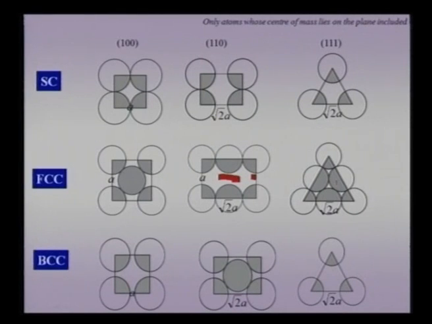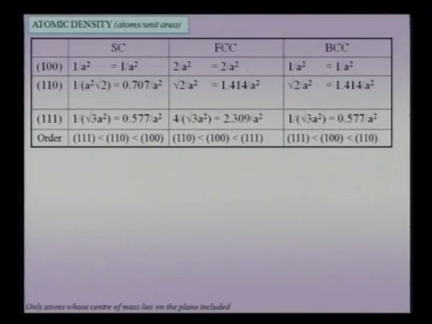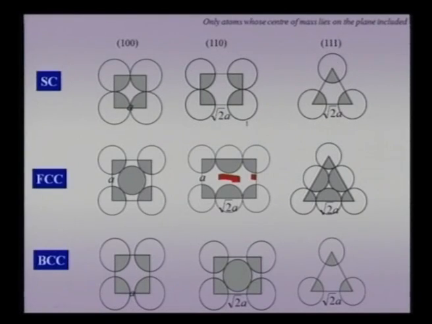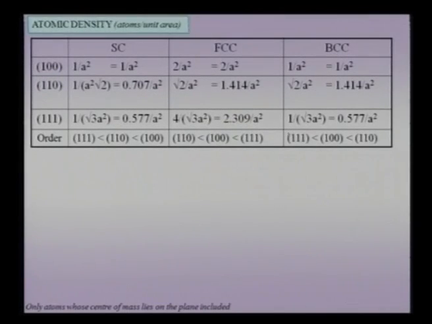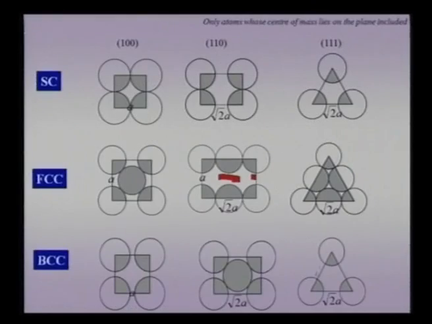As you have already seen, the 111 plane in FCC is nothing but the hexagonal layer, which is the close packed layer. So, it is not surprising that the 111 plane in FCC has the highest packing density. Similarly, we can do so in the BCC, and you can see that the 111 plane has the lowest density, which is also seen from this figure, that most of the 111 plane is not occupied by atoms.